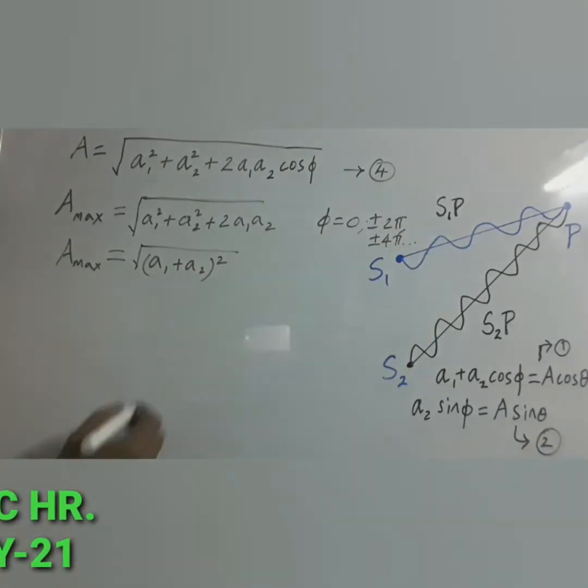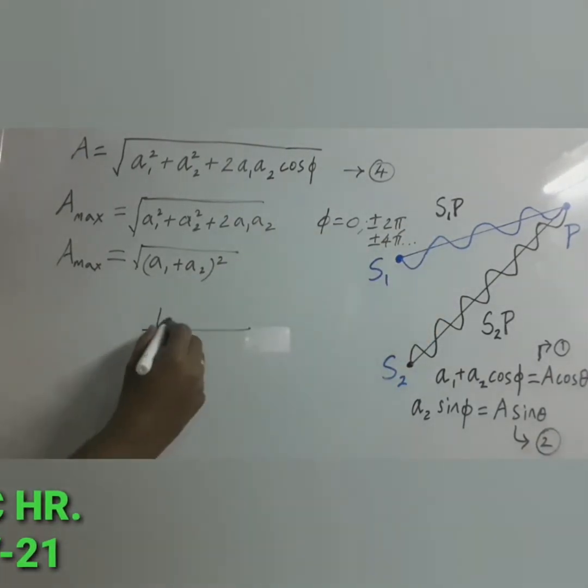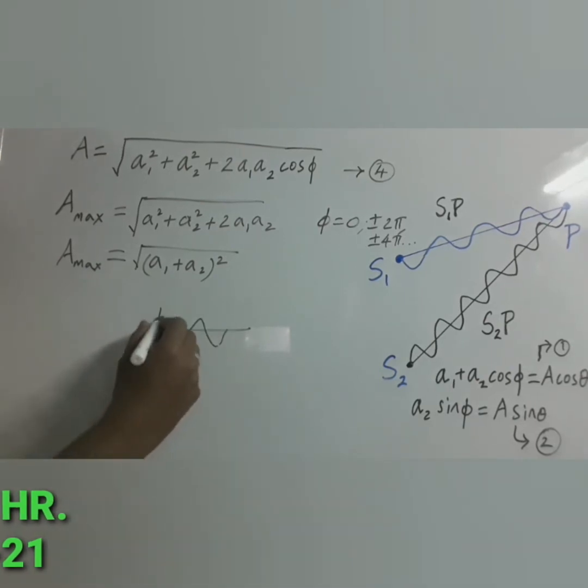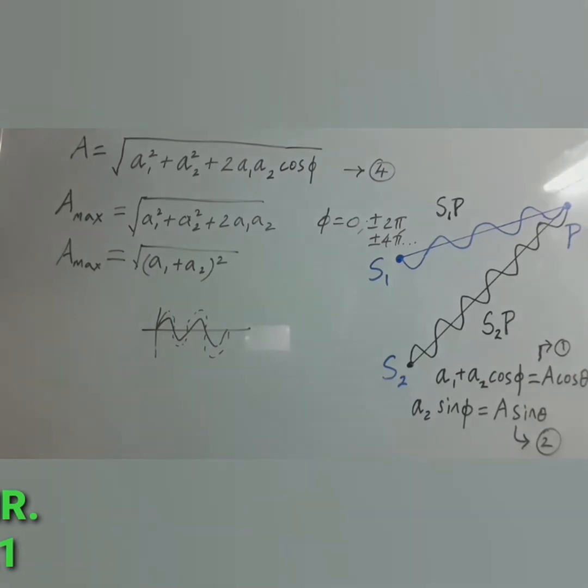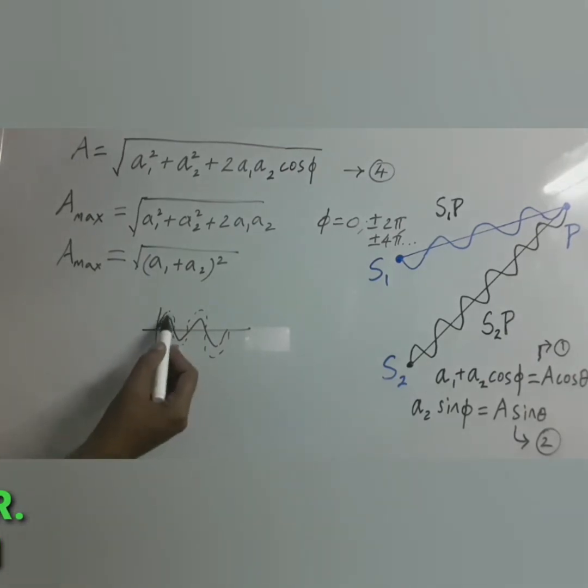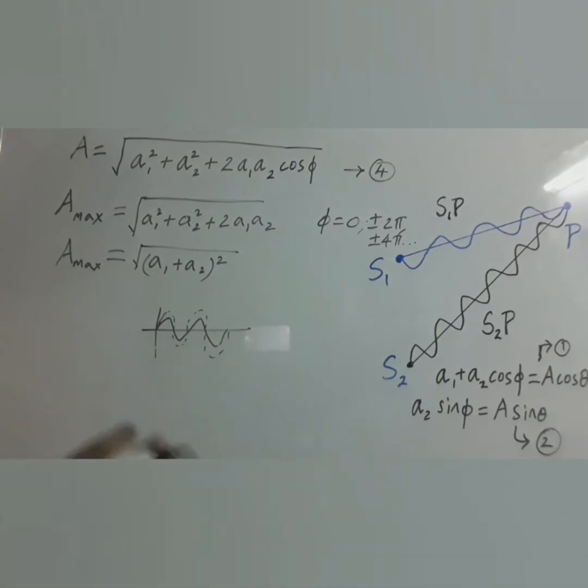How can you understand that? In the previous example I explained, I had taken two waves. Here what is the phase difference? 0. Then there will be constructive interference. Two crests interfere there, two troughs interfere there, which means maximum amplitude is obtained.